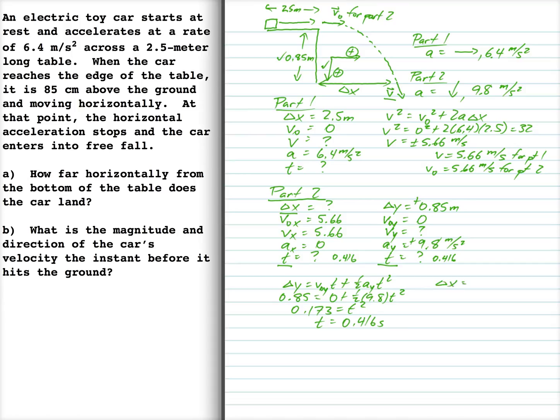I can say that delta x is v naught x t plus 1/2 a x t squared, which in this case is 5.66 times 0.416 plus 0, because the x acceleration is 0. So my answer there is 2.4 meters. That's how far it moves horizontally before hitting the ground. As far as the y motion is concerned, I still need the y velocity, which I can get using this.